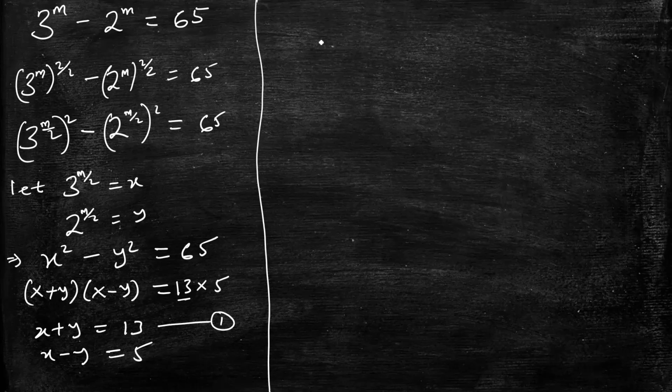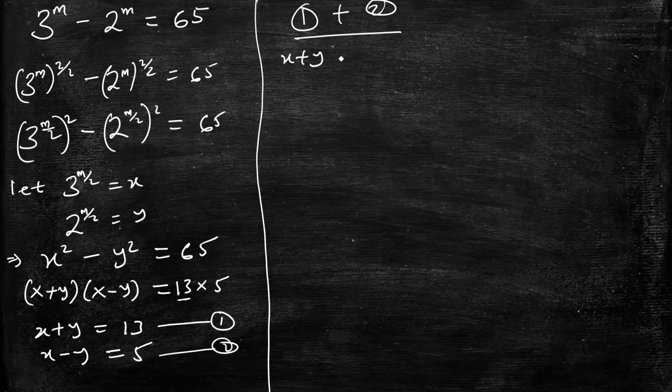Okay, so let's solve the equations simultaneously. We have plus y and minus y, so we can add the two equations to get rid of y. So equation 1 plus equation 2: x plus y plus x minus y equals 13 plus 5.